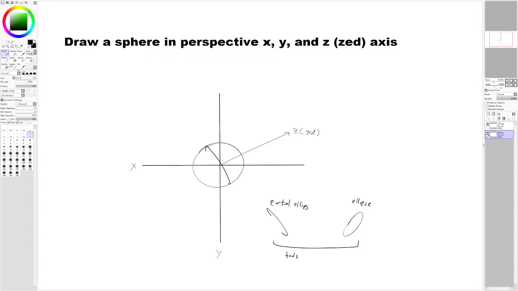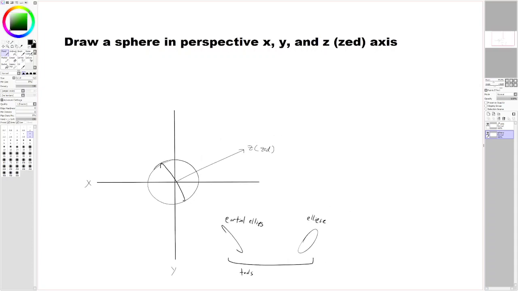And the thing about that is, if you have other things, say an apple, I'm just drawing this apple from imagination, so please forgive me. Say you have an apple. It's going to follow the same rule, in which you could use partial ellipses to show it.